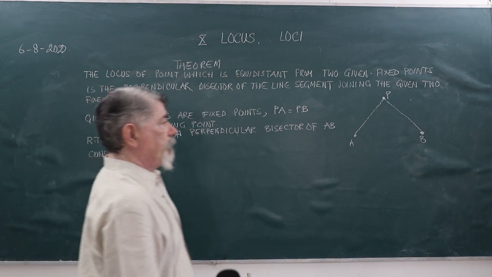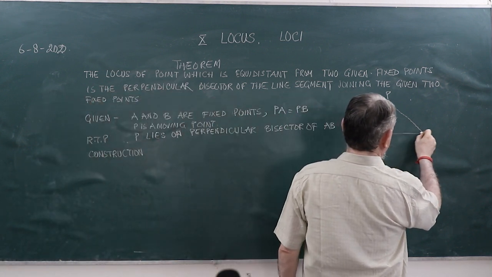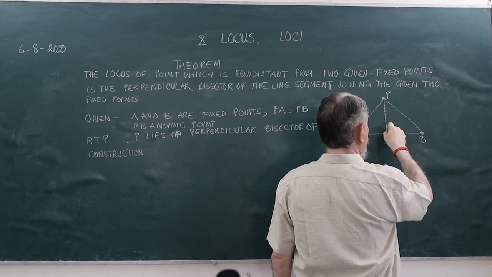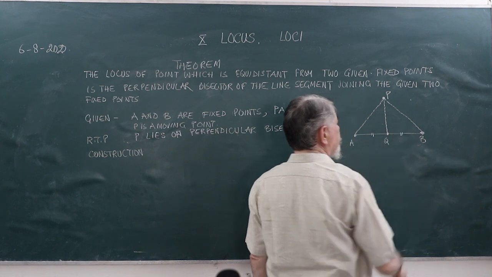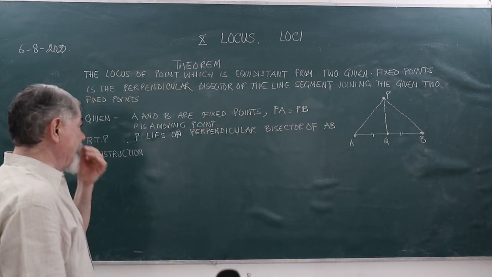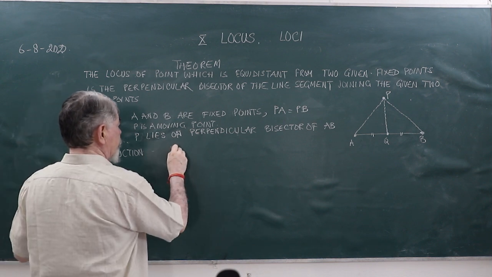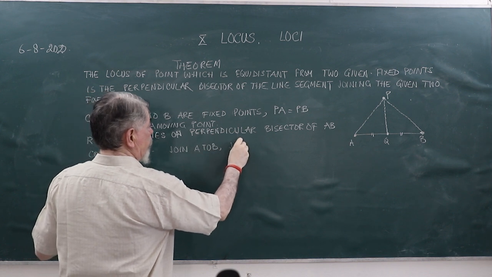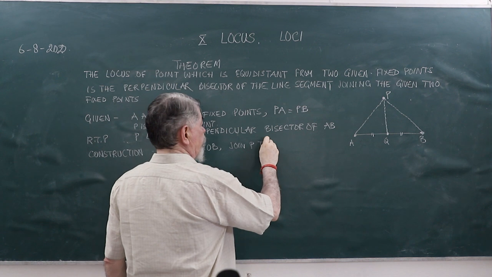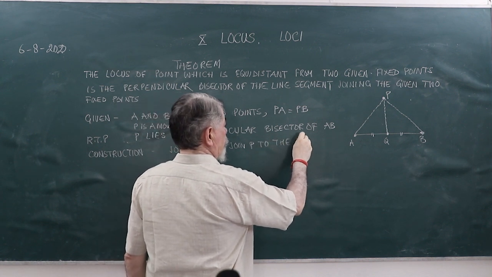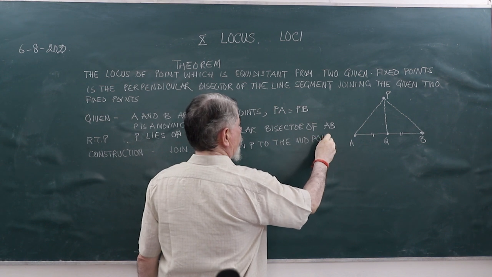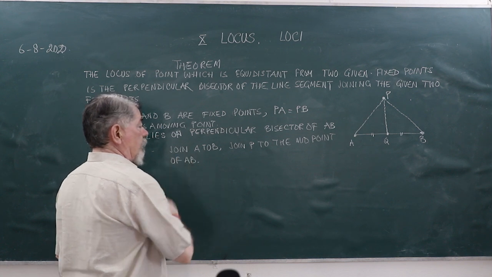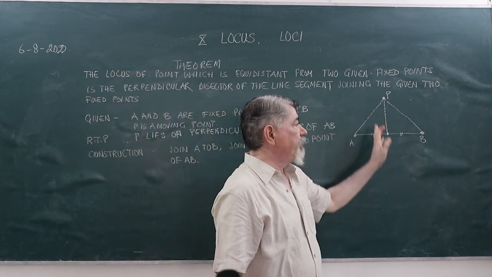If there is any construction, we'll join A to B. Suppose Q is the midpoint, join P to Q. We are saying join A to B, join P to the midpoint of AB. We have taken Q as the midpoint of AB, we have joined P to Q.